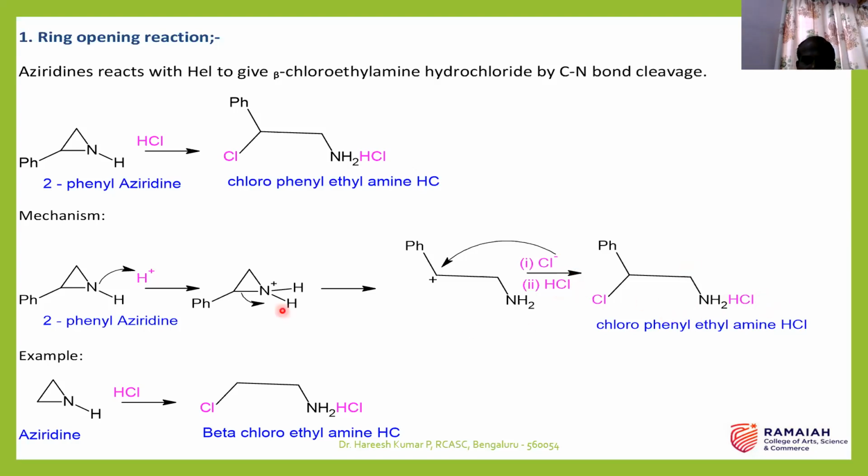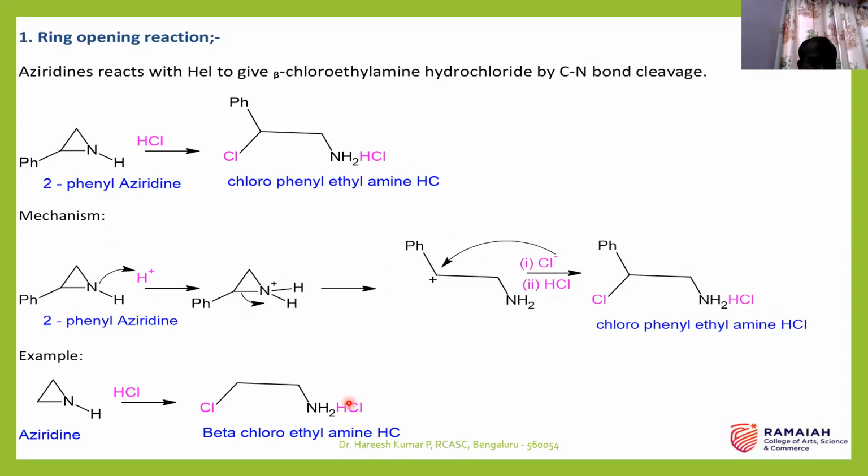So this is how the ring opening reaction occurs. The aziridine undergoes protonation, the protonated one undergoes cleavage forming a more stable carbocation, and then a nucleophile attacks the carbocation, forming a product. So this is about the ring opening reactions of aziridine.